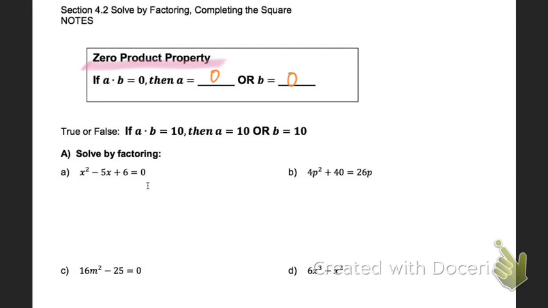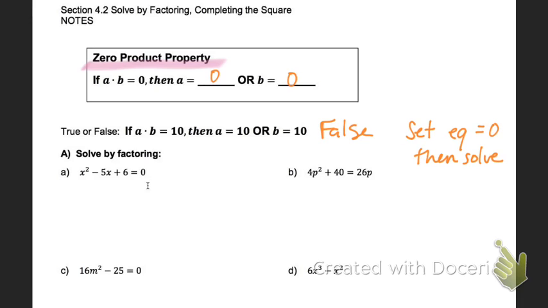But if a times b equals 10, then a equals 10 or b equals 10. Is that a true statement or is that false? That's false. So that is why we always have to set our equation equal to 0, then solve. If you're setting it equal to 10, then it could be true, it could be false.